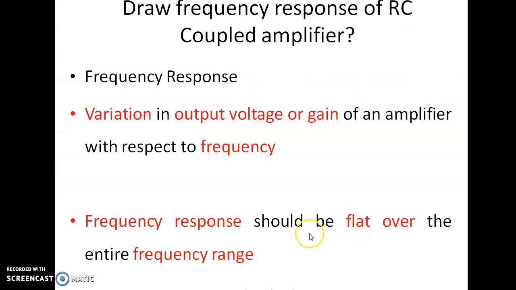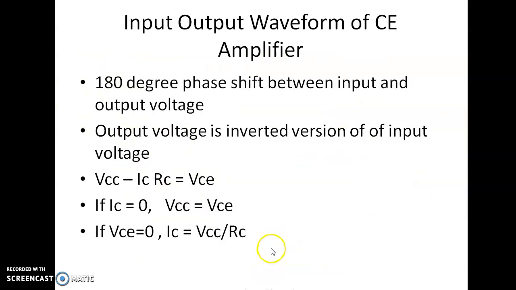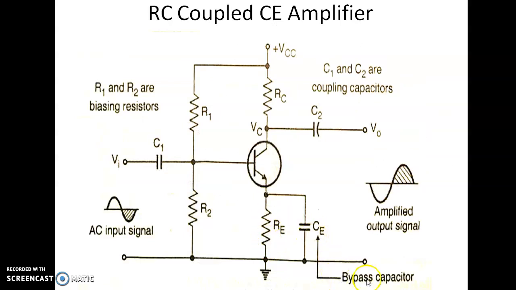This happens due to the bypass capacitor, because we know that for low frequency components the bypass capacitor acts as an open switch, and for high frequency components the bypass capacitor acts as a closed switch. So high frequency components pass and the gain goes on decaying.